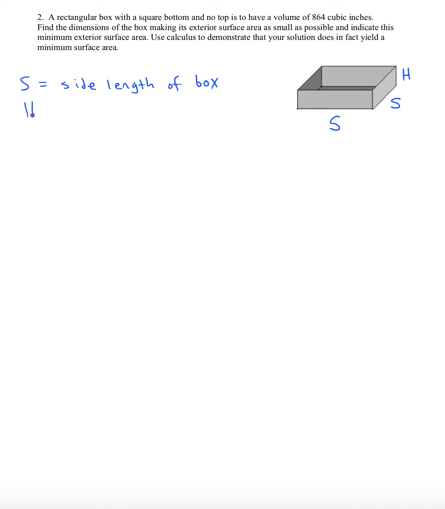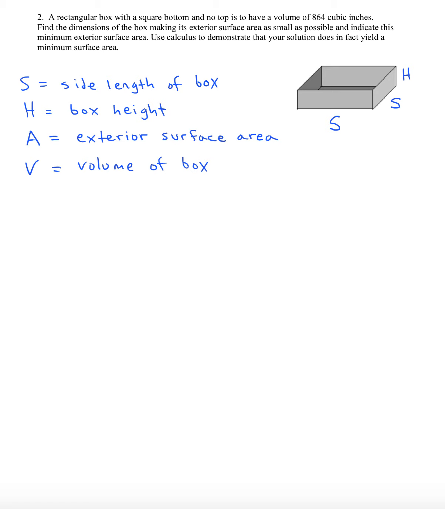Let's call it H. There are some other variables that are important too. The area. Let's call this the exterior surface area. That's the thing we're being asked to minimize. And you could use V for the volume of the box. Okay, that's step one.